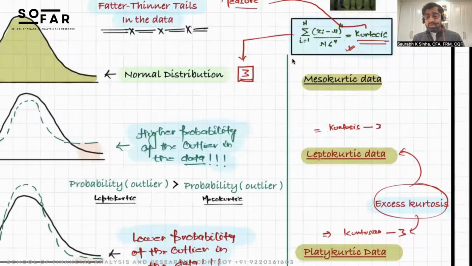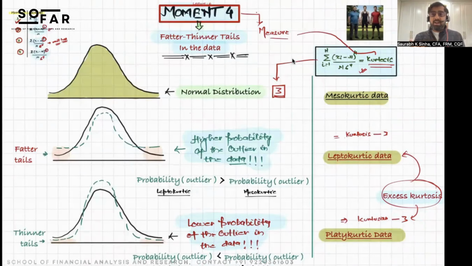So we discussed the look and feel of moment 4. We discussed how you measure moment 4, but we haven't discussed one important point: the mathematical inference of the data.